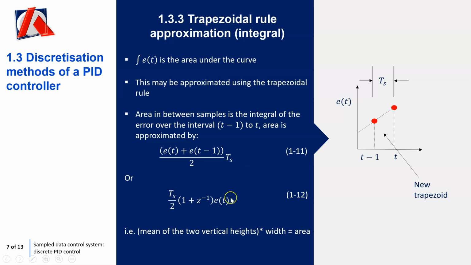Alternatively, you could write it in this form here, given by equation 112, because we can just assume that e(t-1) is equal to z^-1 e(t). In that case, e(t) is common to both of these, so we can move that outside the brackets and put it in that form, and then just move the 2 underneath the Ts.